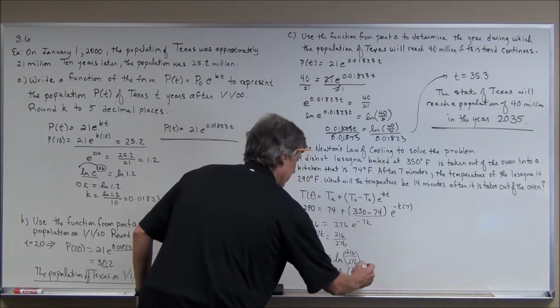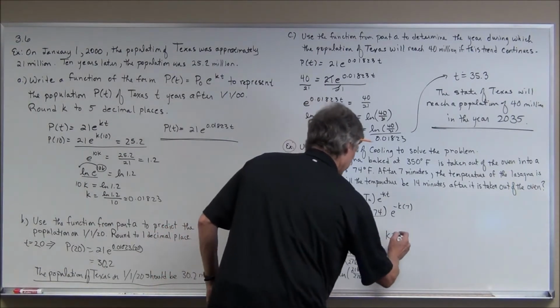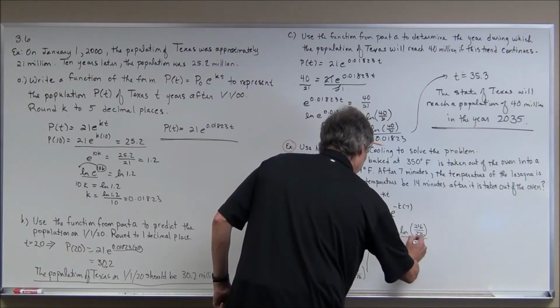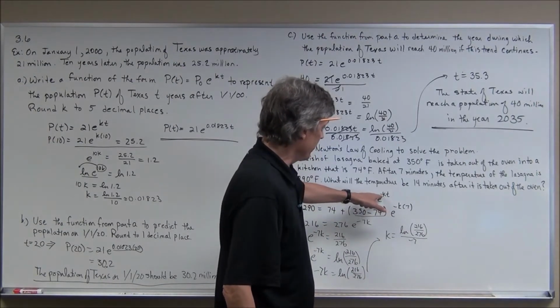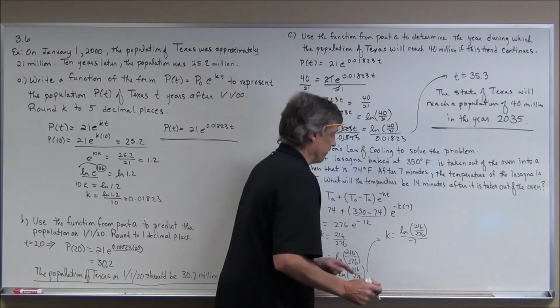And then I'm going to divide both sides by negative 7. So I have the natural log of 216 over 276 divided by negative 7. And that is what actually goes here. Now we have a negative in front, although it's kind of difficult to see there. That's a negative in front.